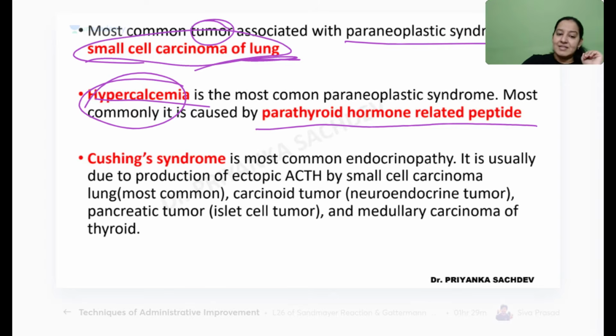From the endocrine ones, the most common is Cushing, so Cushing is the most common endocrinopathy, because of release of ACTH-like substance. Everyone give me a thumbs up.